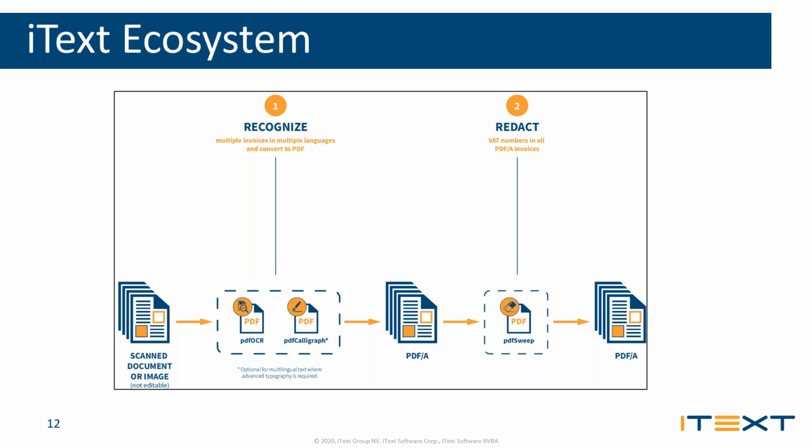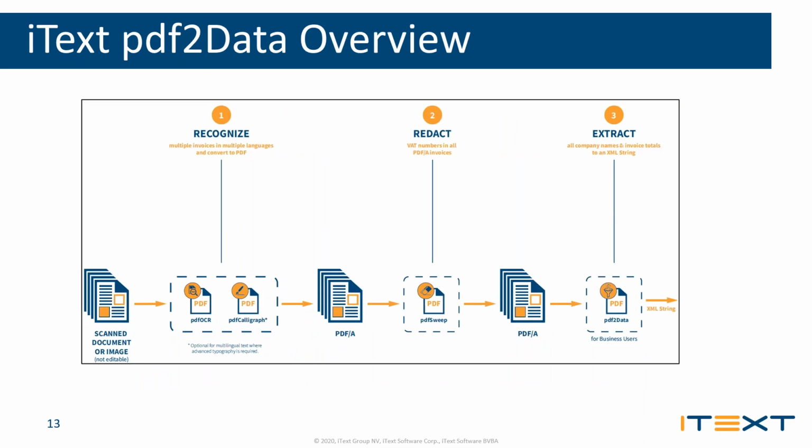So for this webinar, we will start off where we left off on the previous webinar. We will show that PDF invoice later on, so that you can remember where we left off. After doing the recognition using PDF OCR on a paper invoice and redacting some of the information, our journey continues as we extract data that was otherwise locked away in a paper document that was just scanned and stored with its data inaccessible.